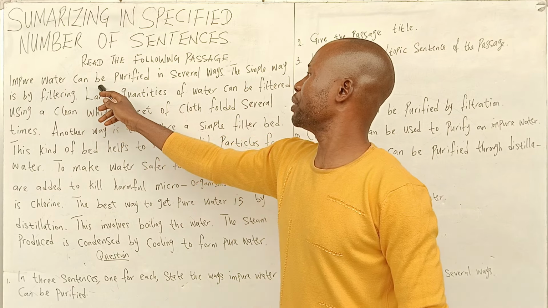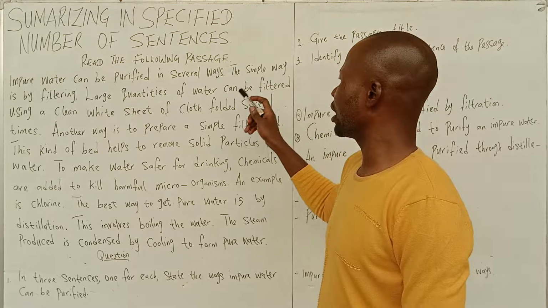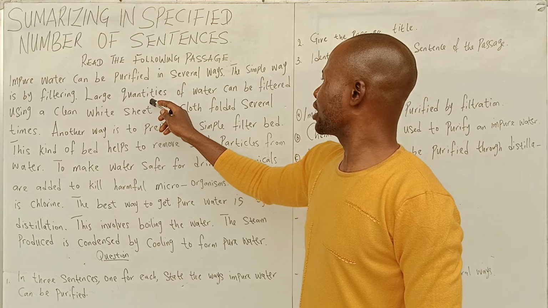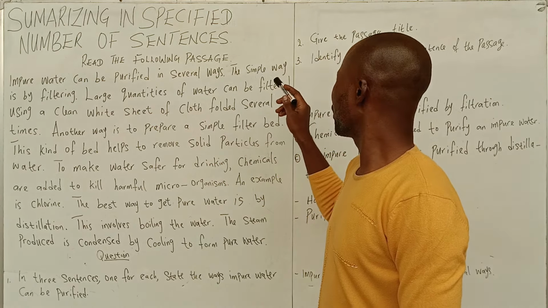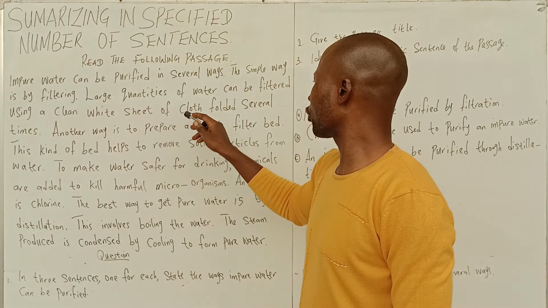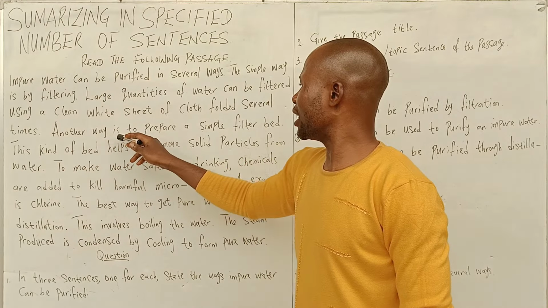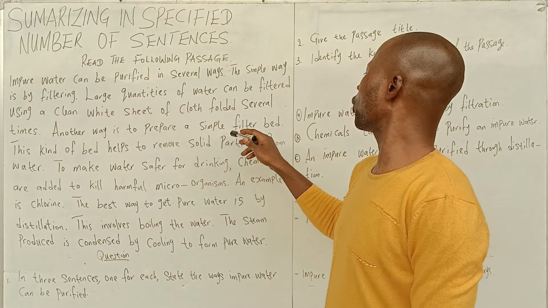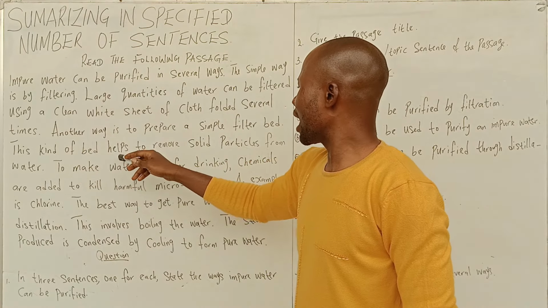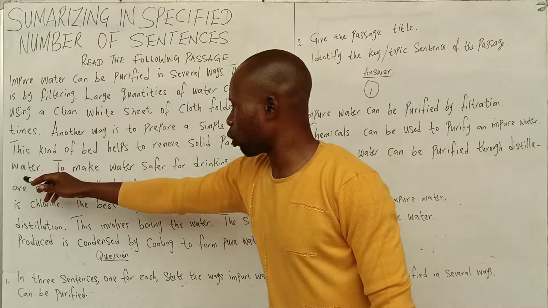Impure water can be purified in several ways. The simple way is by filtering. Large quantities of water can be filtered using a clean white sheet of cloth folded several times. Another way is to prepare a simple filter bed. This kind of bed helps to remove solid particles from water.